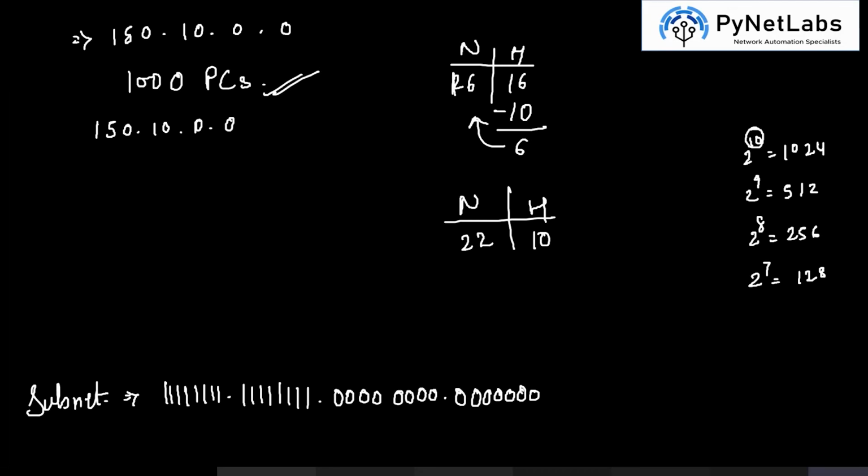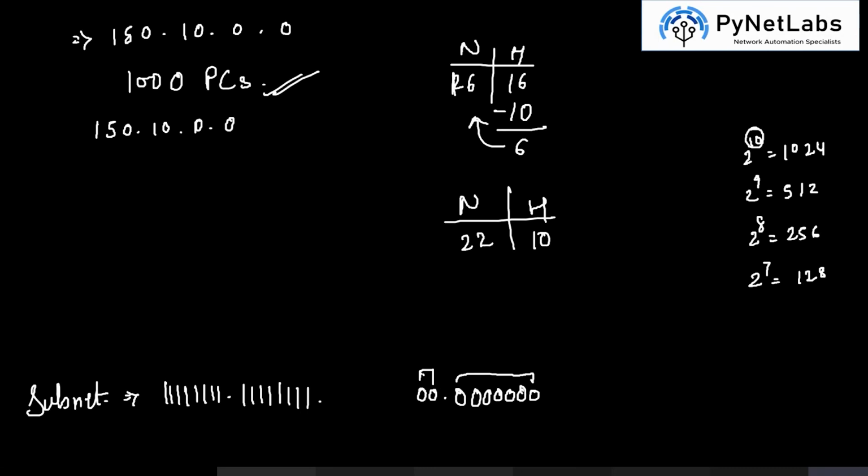This is the default subnet mask for class B IP address. However, we only need 10 bits of host. 8 are here. We will keep 2 bits in this octet, and the rest of them will be network bits.